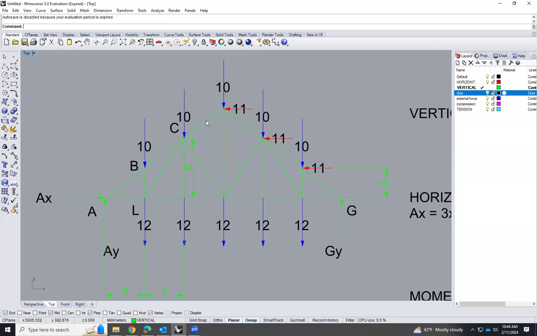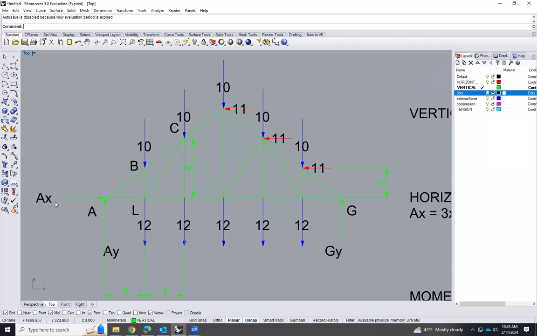At each point, we have a load of 10, the blue one. We have a red horizontal force, 11. And then here we have vertical ones, 12. So we have 3 kinds of forces, 10 going down, 11 going left, and 12 going down, at these points. So the first thing we have to calculate is these 3 reactions.